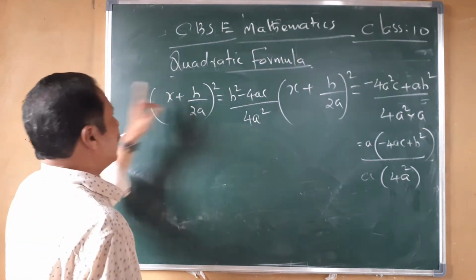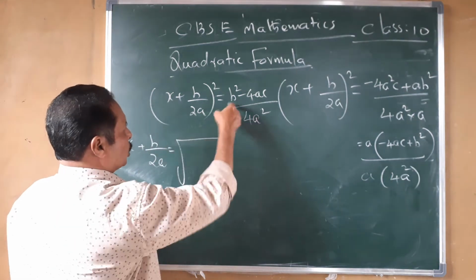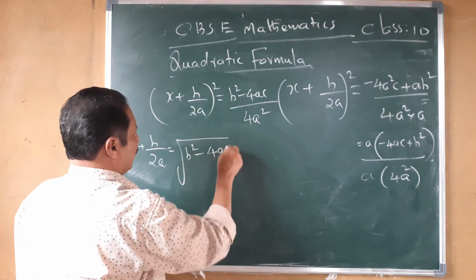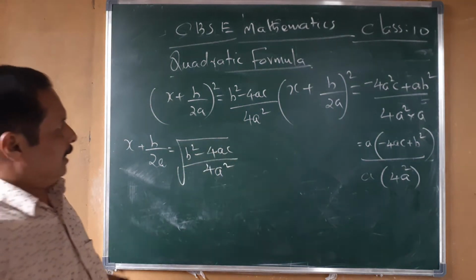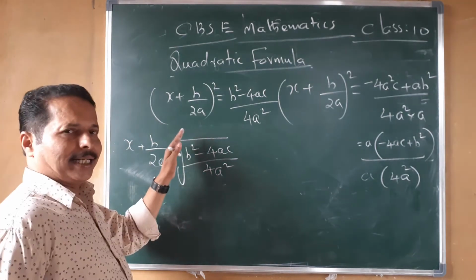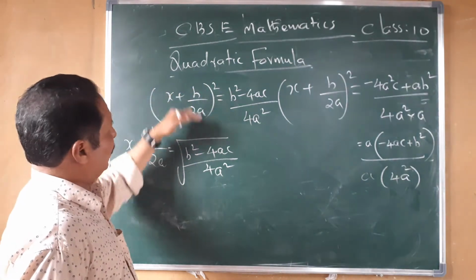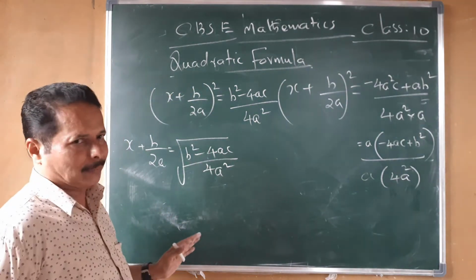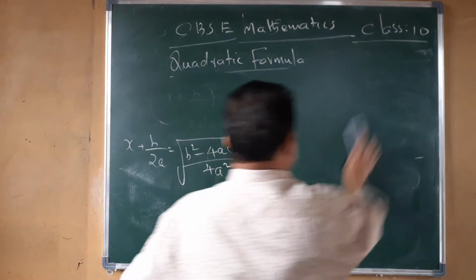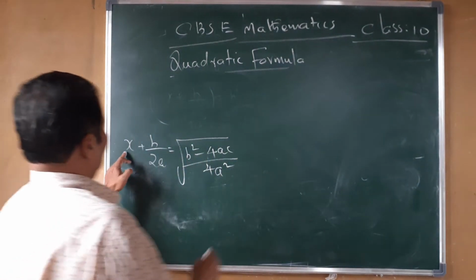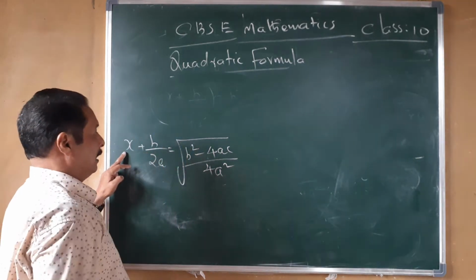Is it completed? Now x plus b by 2a equal to root of that number, that is b square minus 4ac by 4a square. See? If you take the general form of quadratic equation ax square plus bx plus c equal to 0, you get x plus b by 2a equal to root of this number. And x equal to, remember it has two roots, one of them is positive, other one is negative.